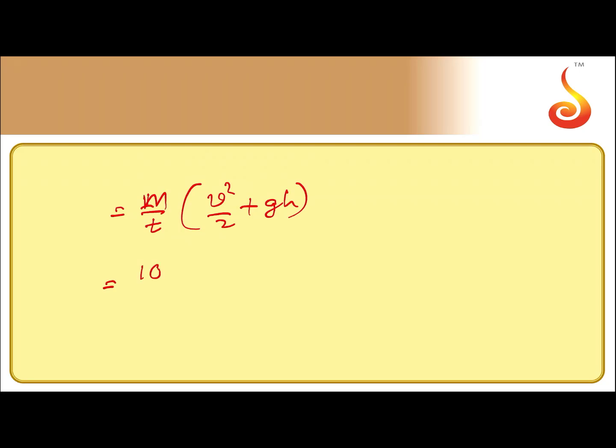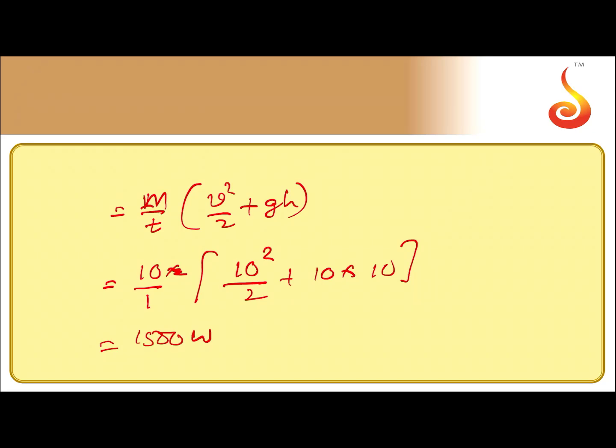Mass is known to us, 10, and this is 1 second per second of course, into v square divided by 2, 10 square divided by 2 plus 10 into h. What is this one lifted through? 10 meter. So, if I simplify this, 50, 150 and 150 into 10, 1500 watt.